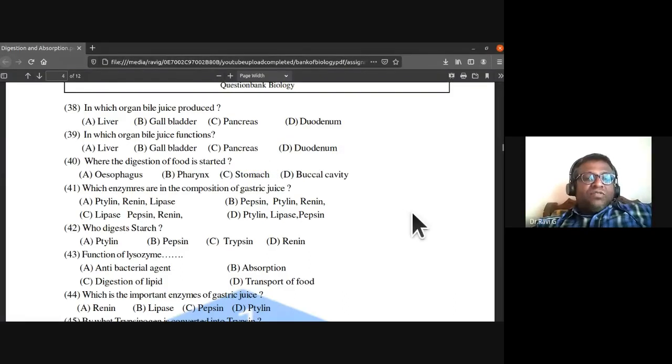Partial digestion takes place in the buccal cavity, but majorly it begins from the stomach. So for 40, the answer is D. It starts from the buccal cavity by the activity of salivary amylase. Even though there is only partial digestion of carbohydrate, the digestion of food is started from the buccal cavity.